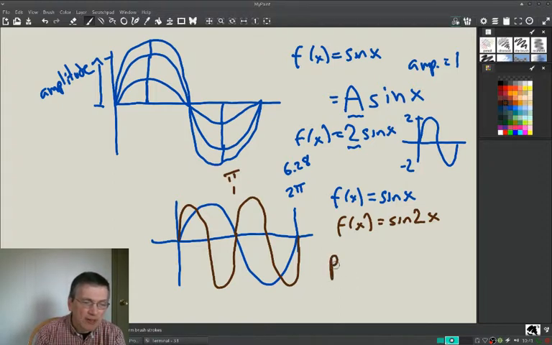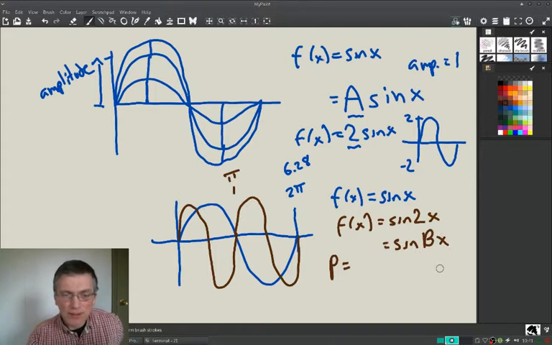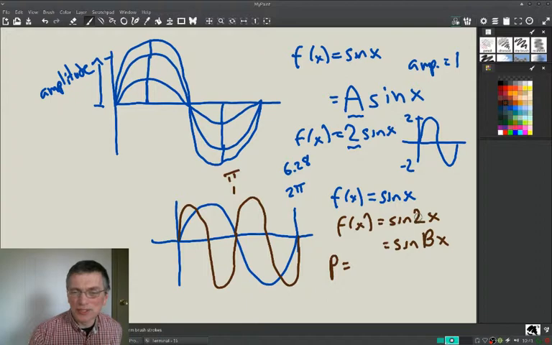So the period, we'll just use p for now, period equals, well, let's generalize this. So if you have sine of bx, I believe your book uses b, what is the period of this thing? Well, if b was 1, this would be 2 pi, and the period is cut in half by that. So how about it equals 2 pi over b?